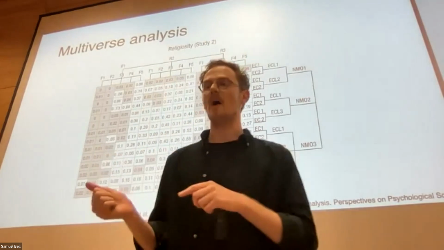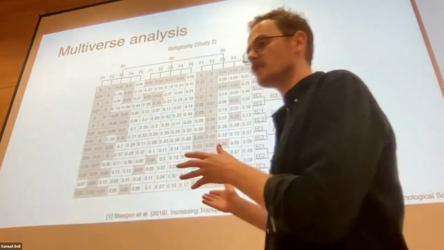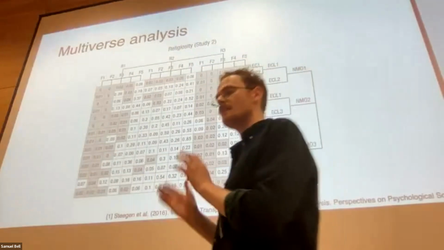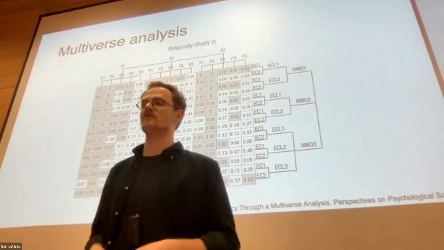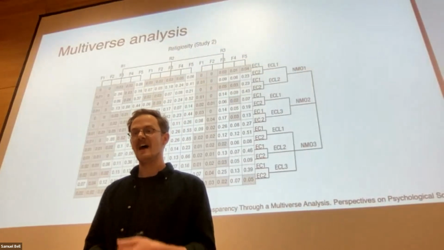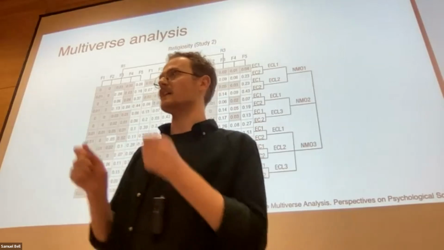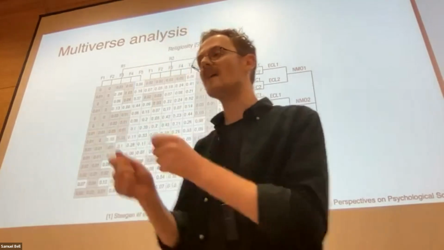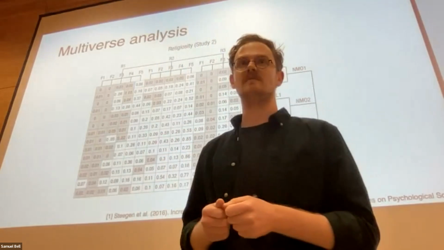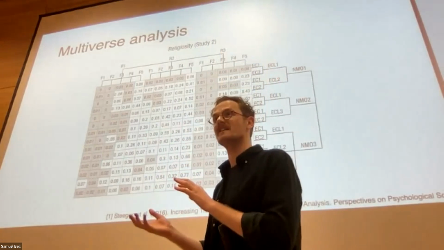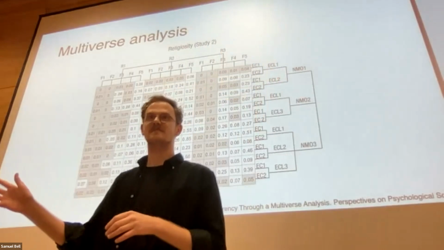So on the screen behind me here, you can see the results of the fertility by relationship status interaction effect on religiosity. And a gray cell is a low p-value, like a significant result, and the white cell is a null finding. And what should really jump out at you straight away is the whole thing isn't gray. That's what we want, right?